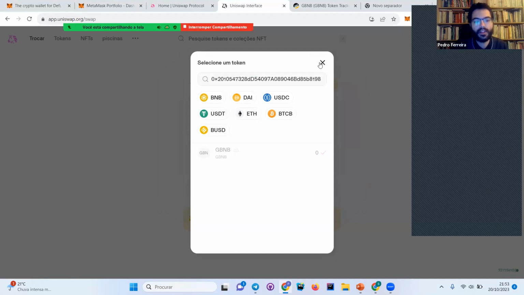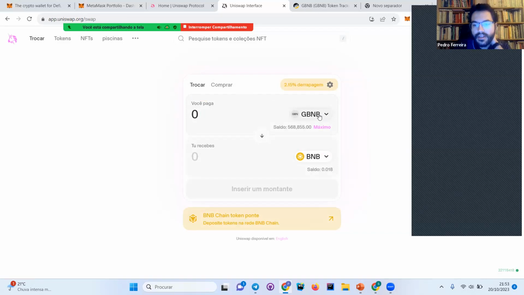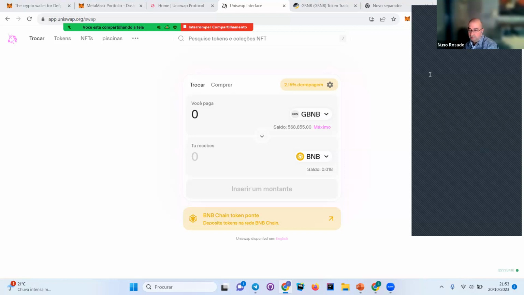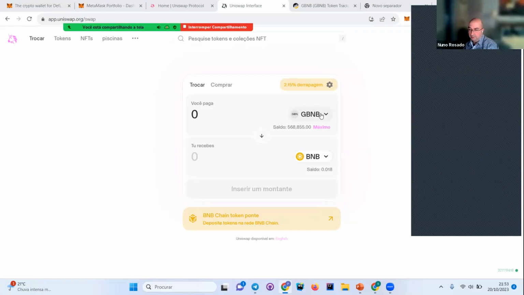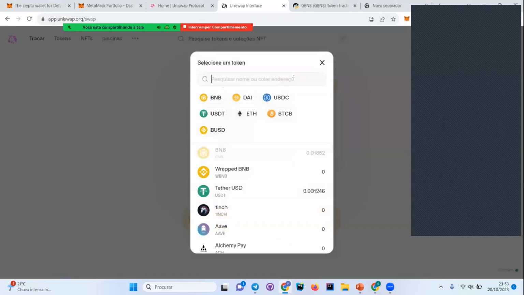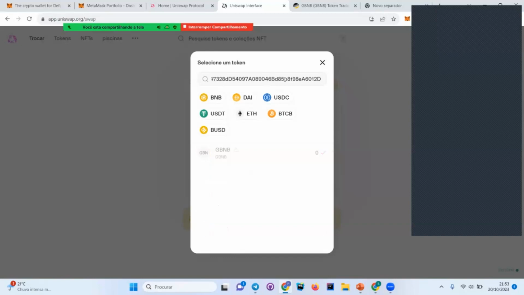It should show up as GBNB. Zabia, you should copy what Pedro Ferreira sent at 21:52. Yeah, I know. The full length, exactly what I'm doing. Yeah, but it's not showing. It's unknown token. Does the address have any space? No. It's exactly the one that you sent.